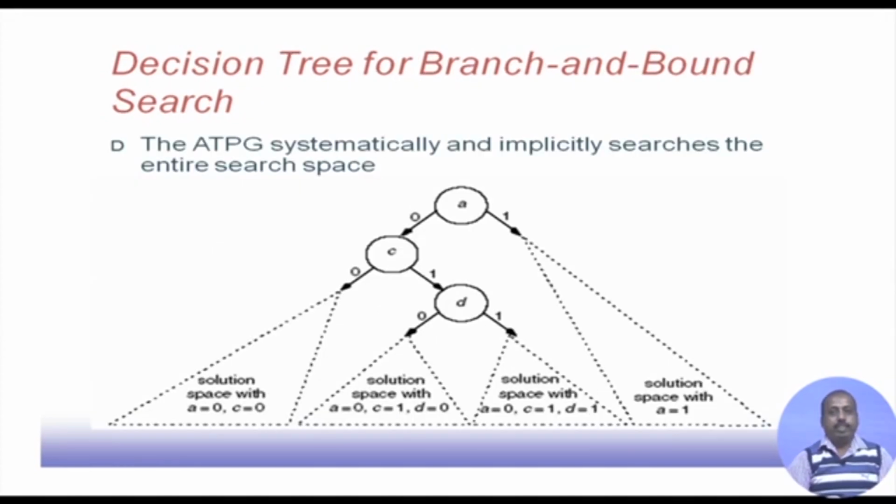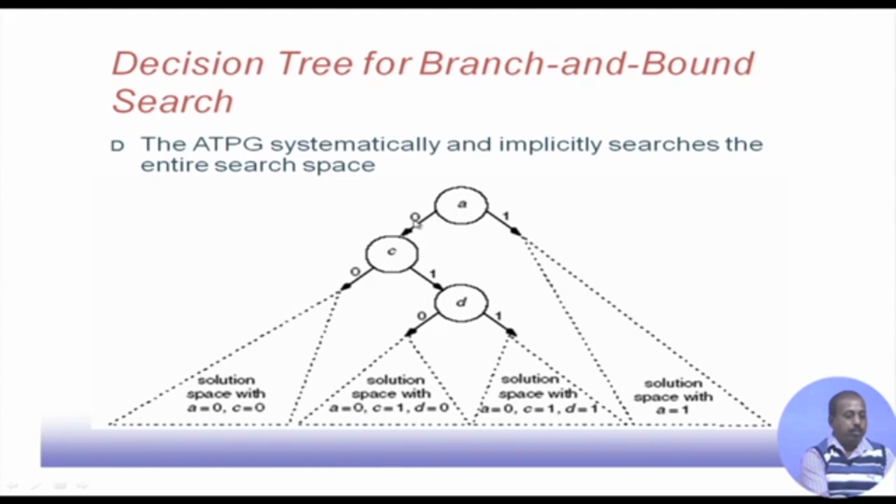Now, how can a test generation process work? Suppose that ATPG systematically and implicitly searches the entire search space. This is my search space. First it will take up some variable and put it to value 0.